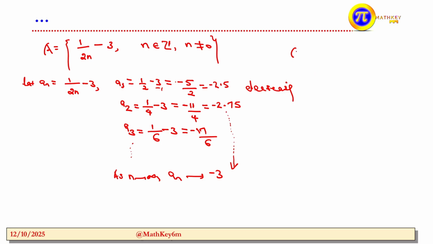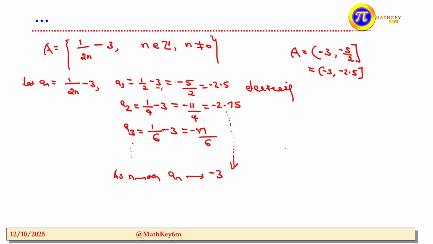So our set A consists of the interval from -3 to -5/2, including -5/2, or from -3 to -2.5.